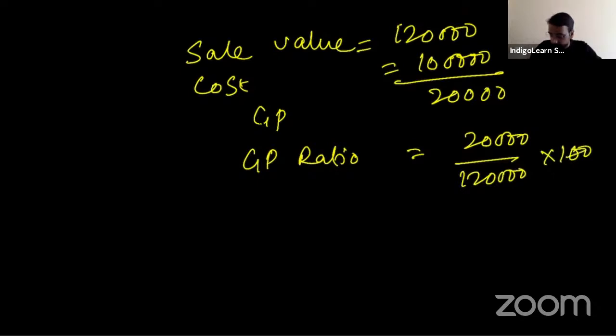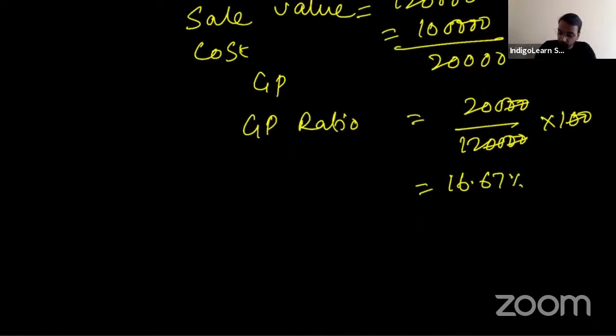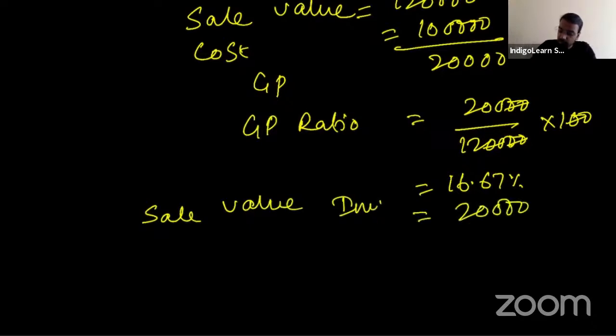So this comes to 200 by 12, which is 16.67%. Now with this gross profit ratio, I know the sale value of inventory is 20,000.